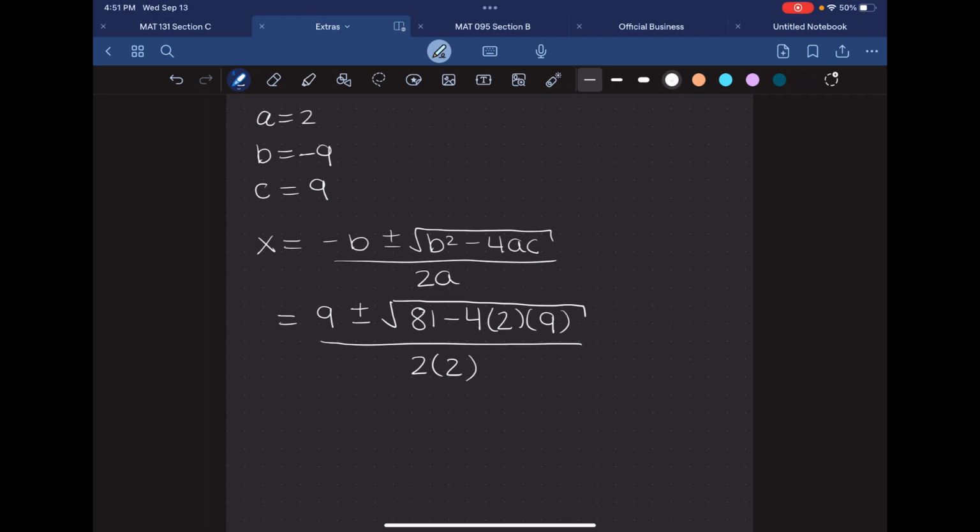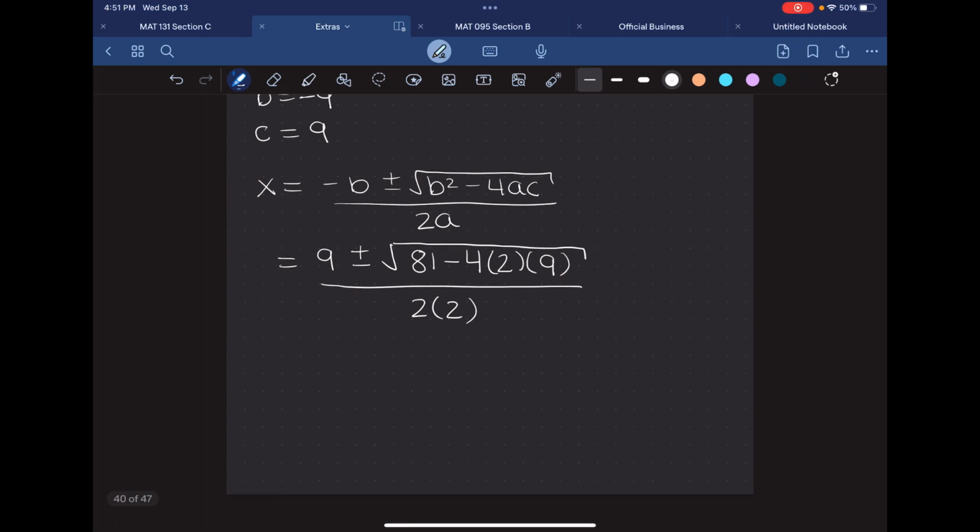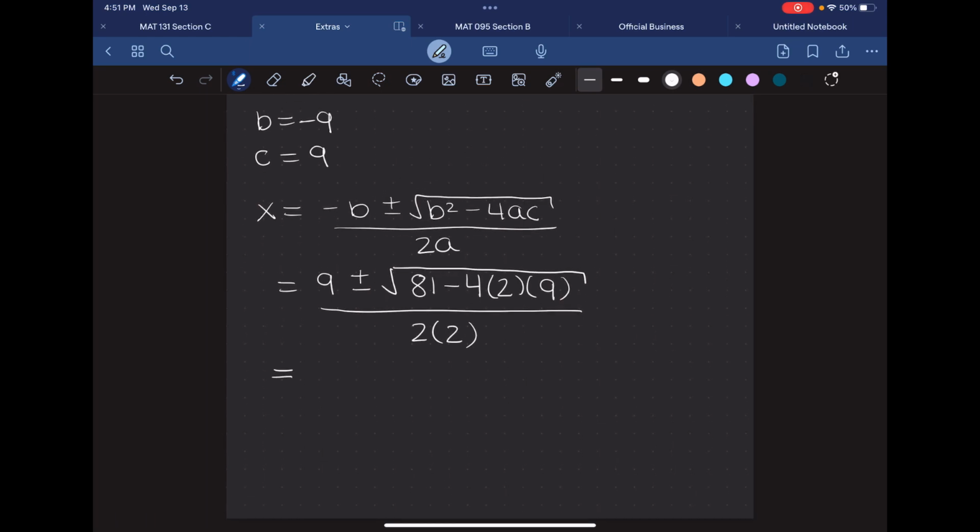Okay, so now that we have all of those values plugged in, we just go through and do order of operations and simplify as much as we can. So I've got 9 plus or minus, under the square root, 81 minus 4 times 9 gives me 36. And then I multiply that by 2, I get 72.